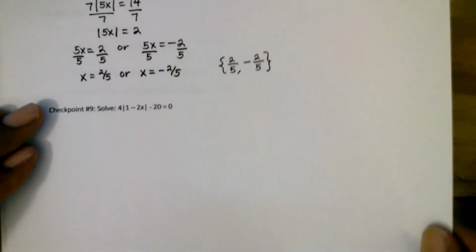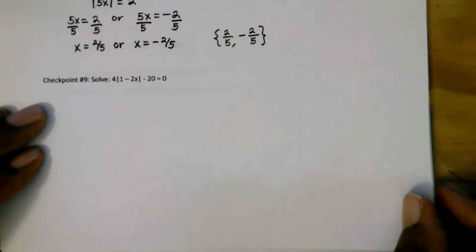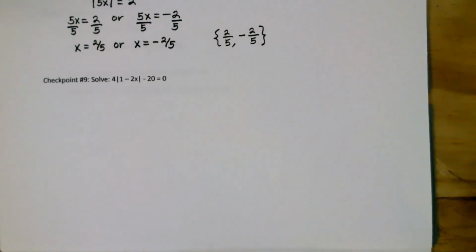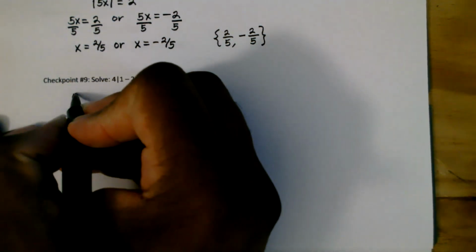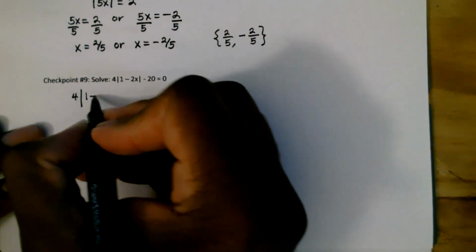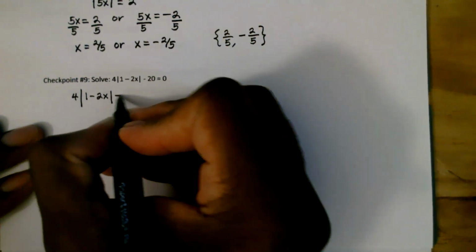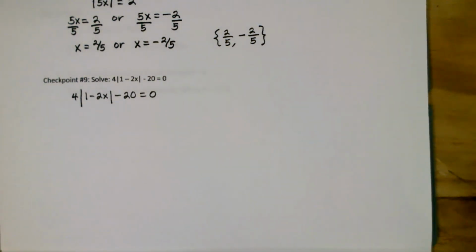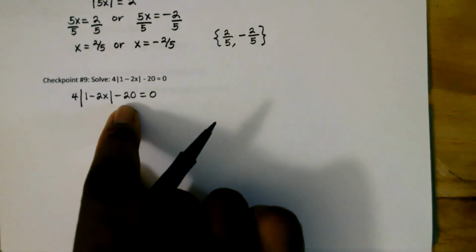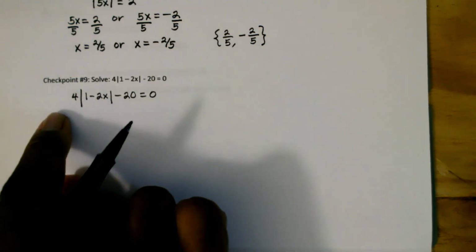All right, and the other example here. Let's say we have 4 times the absolute value of 1 minus 2x, minus 20, equal to 0. Again, we need to get the absolute value by itself. So I need to move the minus 20 and then get rid of the 4 that's in front.